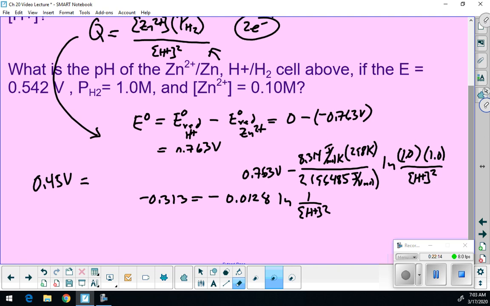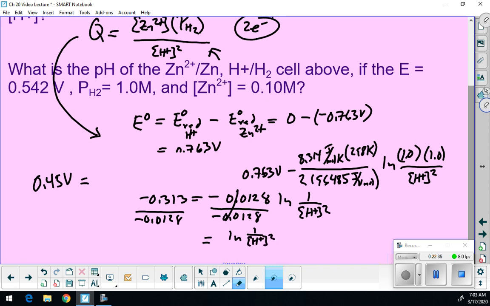So then what am I going to do? Divide this by both sides. I'm going to divide by negative 0.0128. Divide that by negative 0.0128. This all becomes 1. And I'll have the natural log of 1 over H plus squared, right?